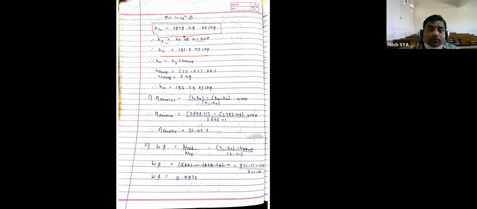Now we know that H4 is equal to H3 plus W pump. H3 we know, 191.8. Pump work we have to calculate. The formula for pump work is W pump equal to 0.1 into (P boiler in bar minus P condenser in bar).